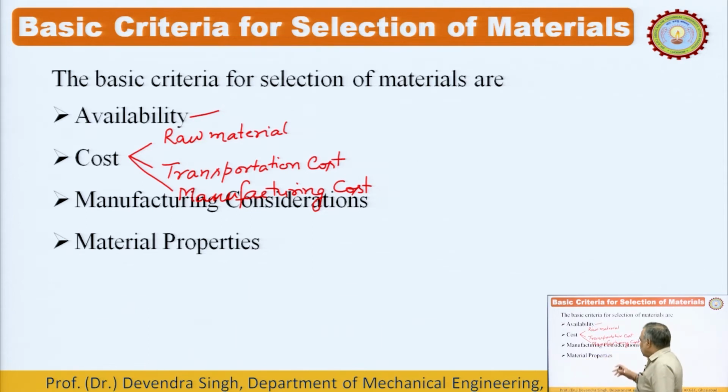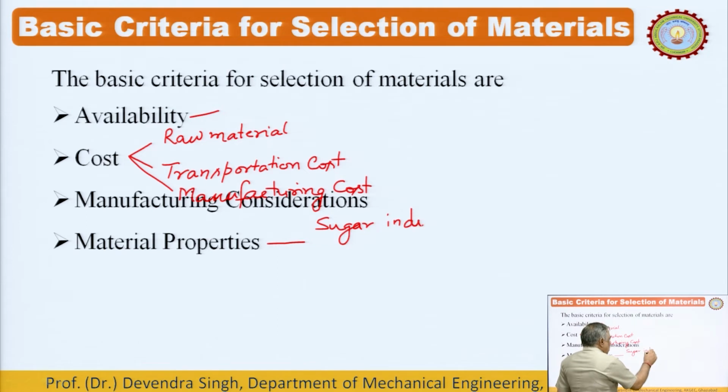Then the material properties. Suppose I take an example: I need to design an impeller for a sugar industry, and the sugar cane juice is always acidic in nature.